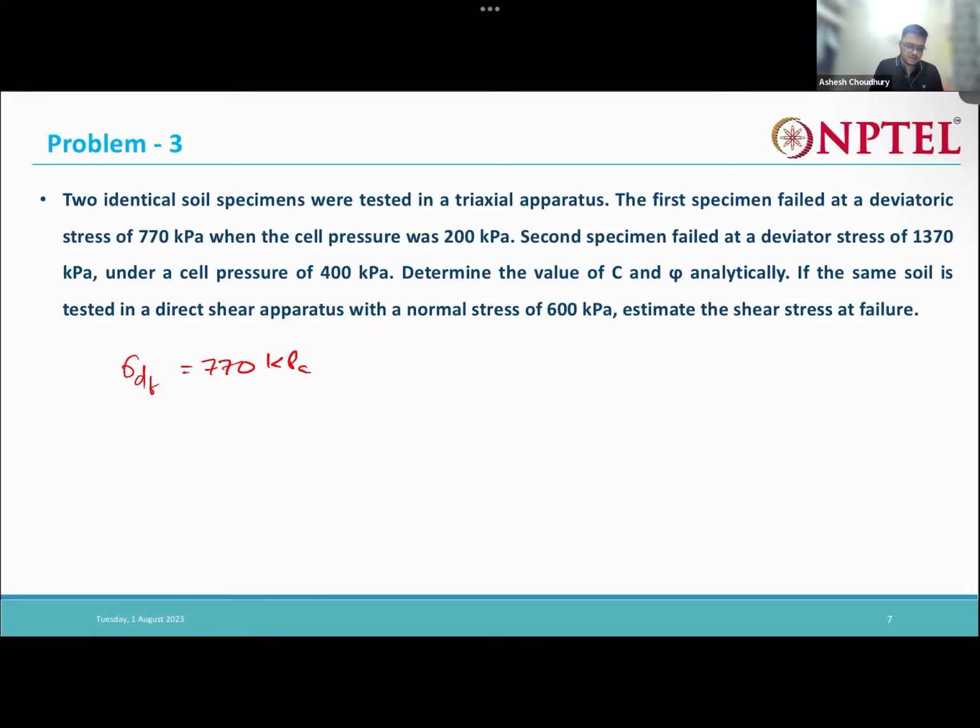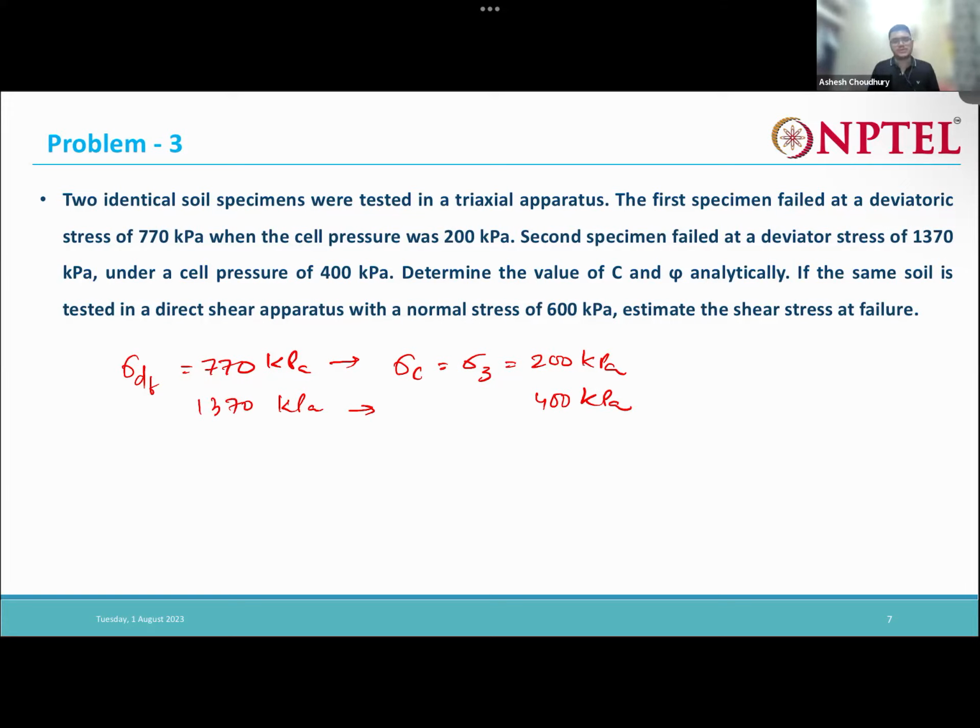The second specimen failed at a deviator stress of 1370 kPa when the cell pressure was 400 kPa. We need to determine the value of C and phi analytically, right?